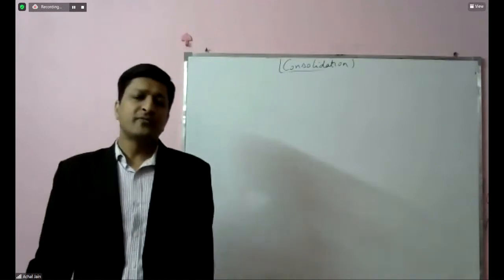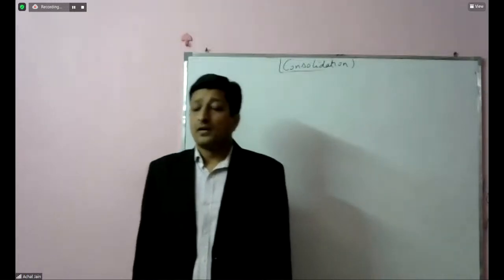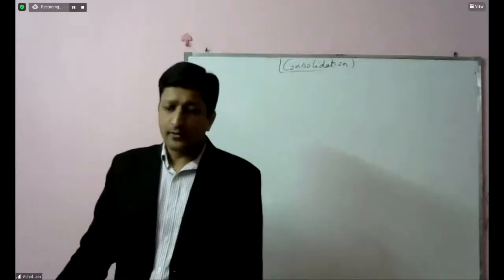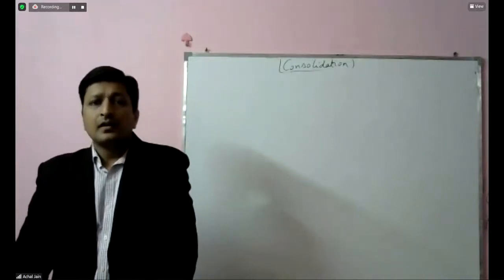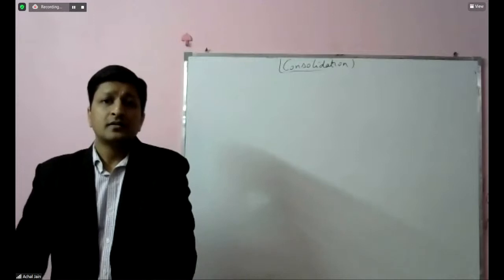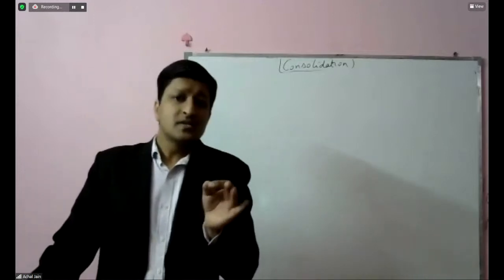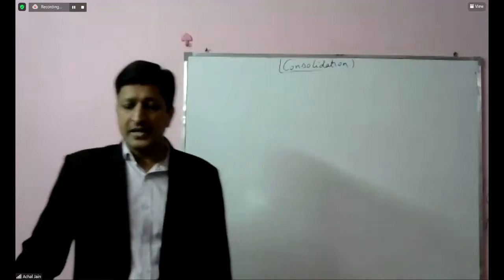Okay, now moving further, we will talk about a scenario where again, even though CFS will be prepared, but some of the subsidiaries may not get consolidated. Let's try to understand this situation.